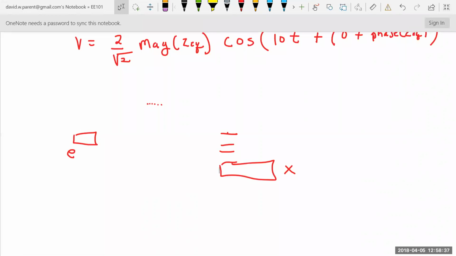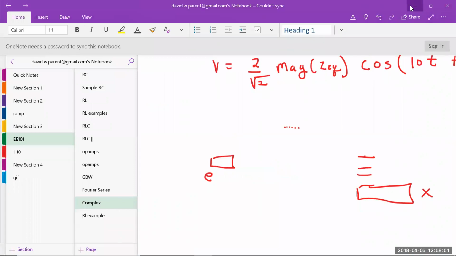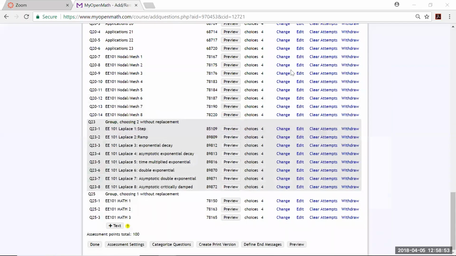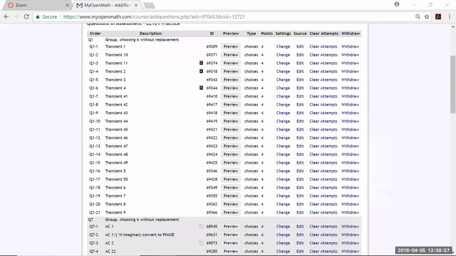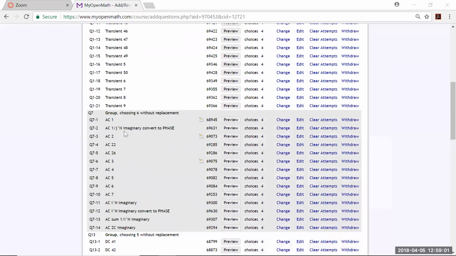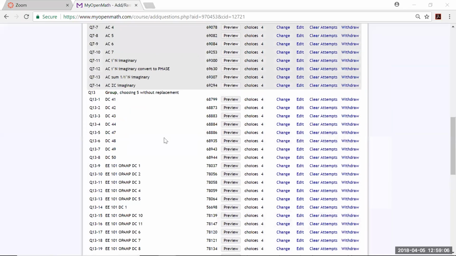What's your question? Oh, okay. So the question is, what are these quizzes going to look like? Well, what I tend to do is just make up an exam and say, all right, today we're going to do 5 transients, and it's just going to be transients. Then we'll say, all right, then we're going to do 5 of these and 5 of these.